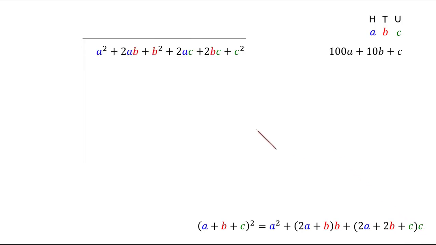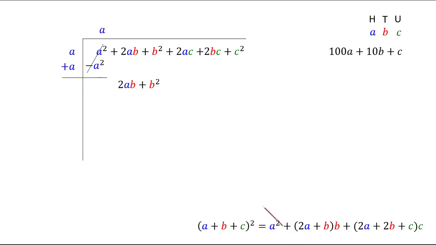So we're going to write this number: a square plus 2ab plus b square plus 2ac plus 2bc plus c square. We start with a. A multiplied by a is a square. We take the difference, we cancel out the a square. Now we bring down the 2ab plus b square. So, like in the previous example, we require a number which is 2a plus that experimental number b, and this entirely multiplying with experimental number b to get 2ab plus b square.